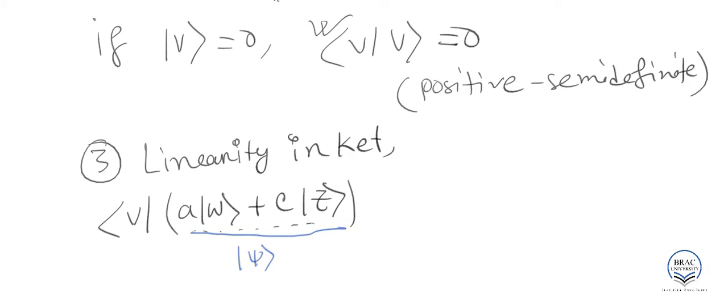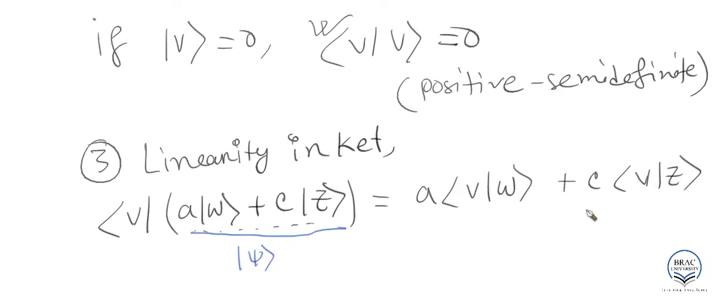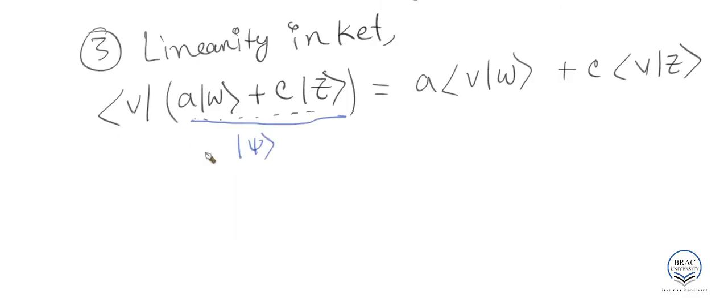So the linearity in ket suggests that this will be just a times the inner product of v with w, plus c times v with z. So this is what is known as the linearity in ket. That is, if you have a linear combination, you can just combine them like before. And what if instead we had this thing?